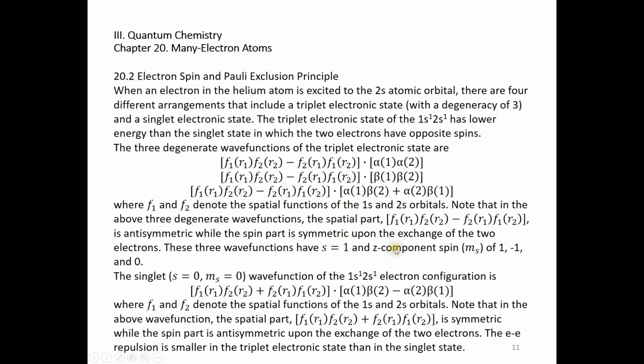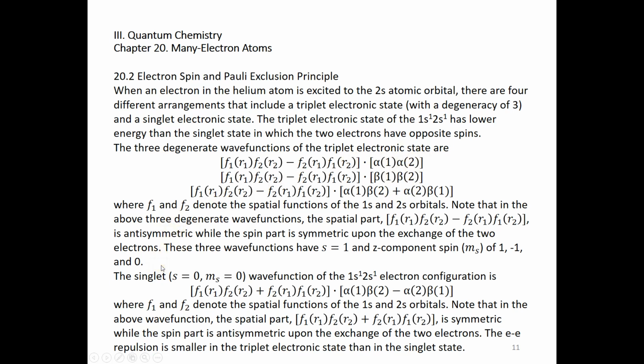So the Z component of the electron spin is over here. This is 1, this is -1, and over here this is 0. So all three share the same spin quantum number, S is 1. But now M sub S can be -1, 0, and +1.